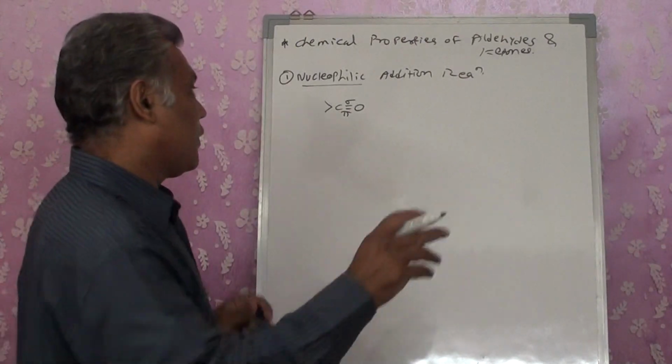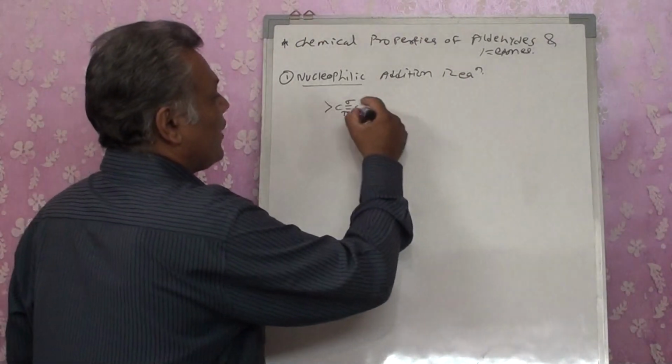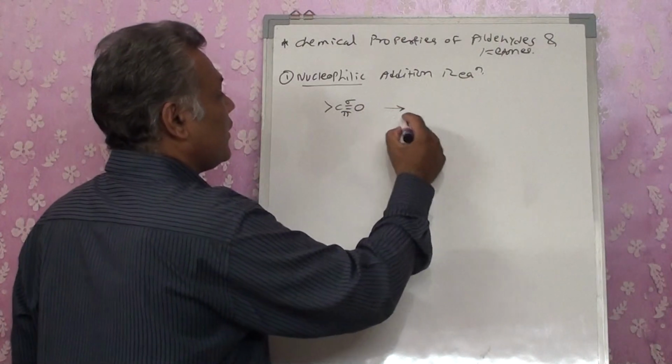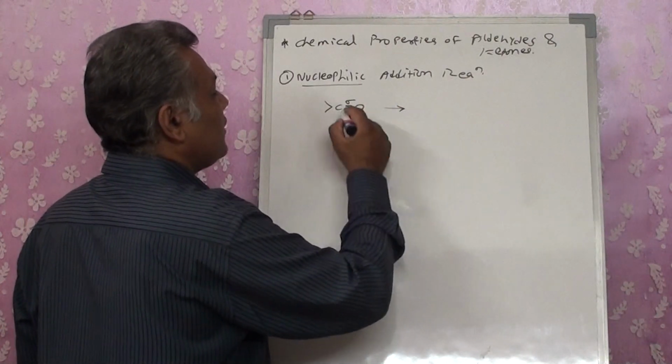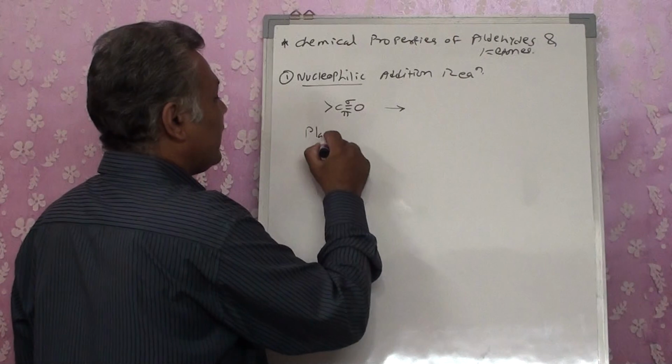The carbonyl group initially has a planar structure.